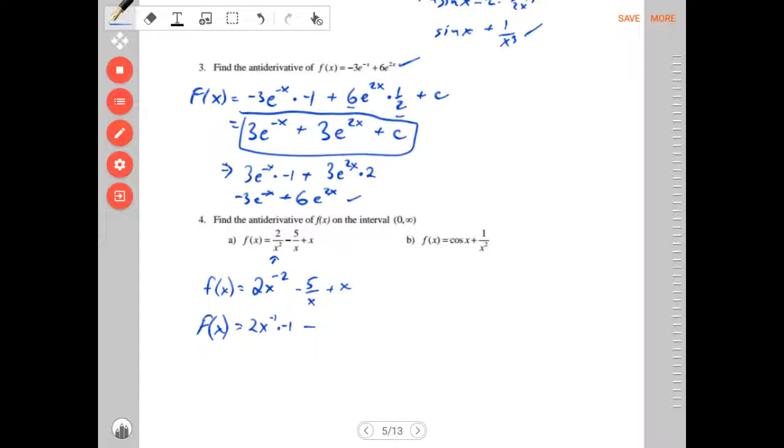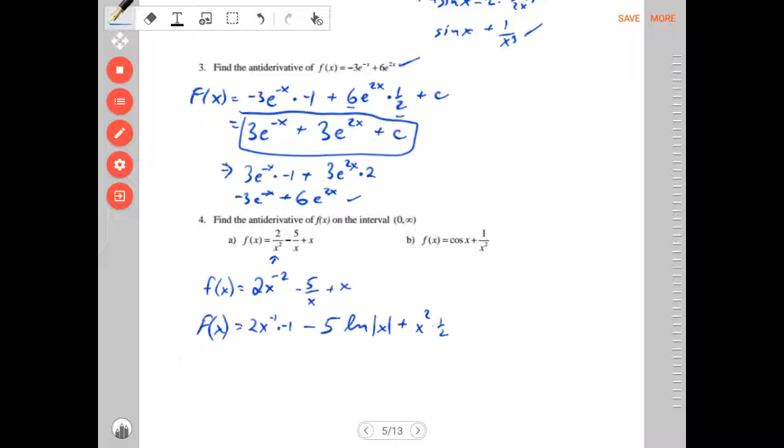Now the integral of 1 over x is just ln x, so the 5 just comes out. So 5, and then we've got 1 over x, so that is ln x. Now technically, that is an absolute value for integrals. And then we have plus x, raise the exponent by 1, multiplied by the reciprocal.